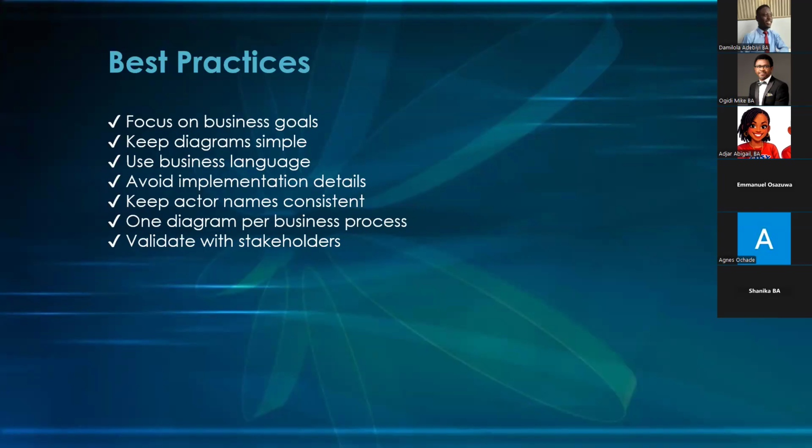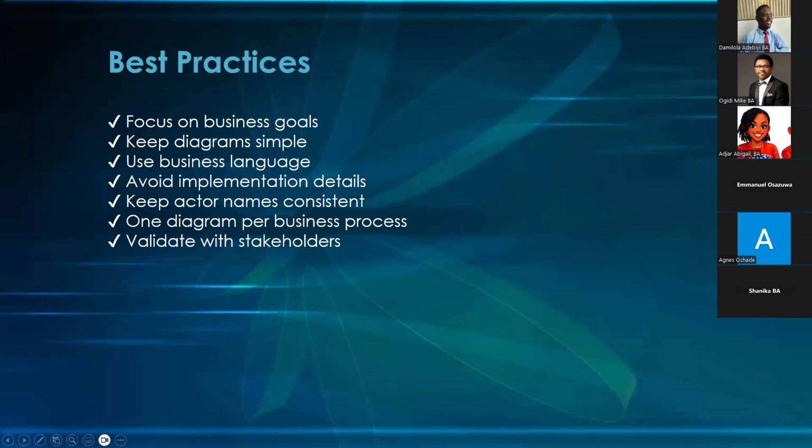Once you understand that, you are now focused on the functions, the requirements that would help you achieve that goal. Now, keep the diagram simple. You want to keep that diagram as simple as possible. You don't want the arrows, the relationships, the links to be crossing each other.